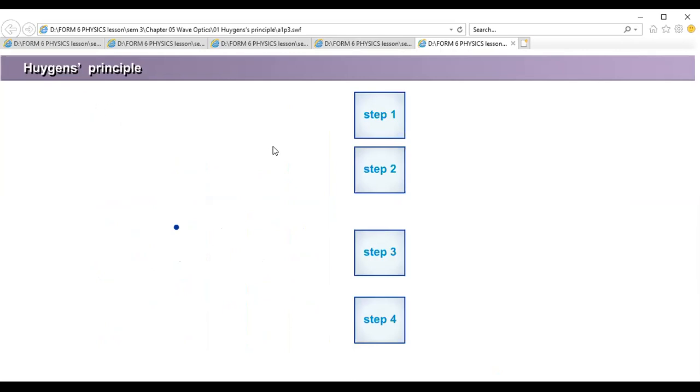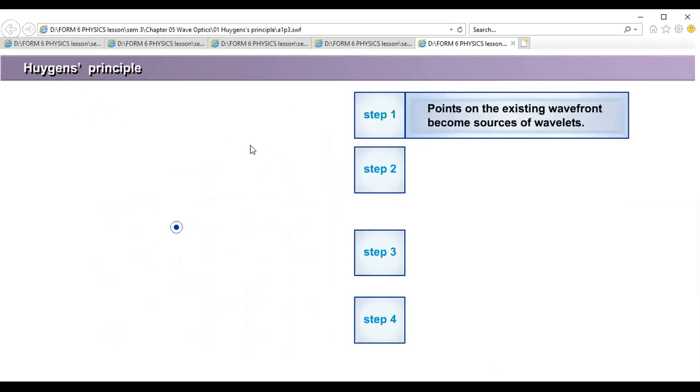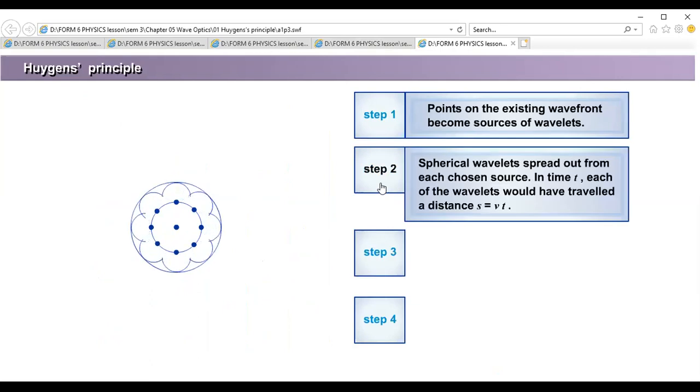Again, we look at the Huygens Principle. For step 1, points on the existing wavefront become sources of wavelets. Next, spherical wavelets spread out from each chosen source. That means in time t, each wavelet would have traveled a distance s equal to vt.